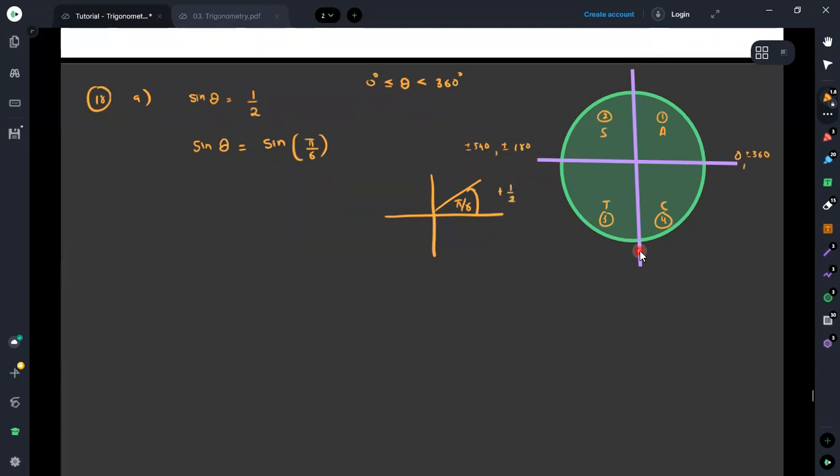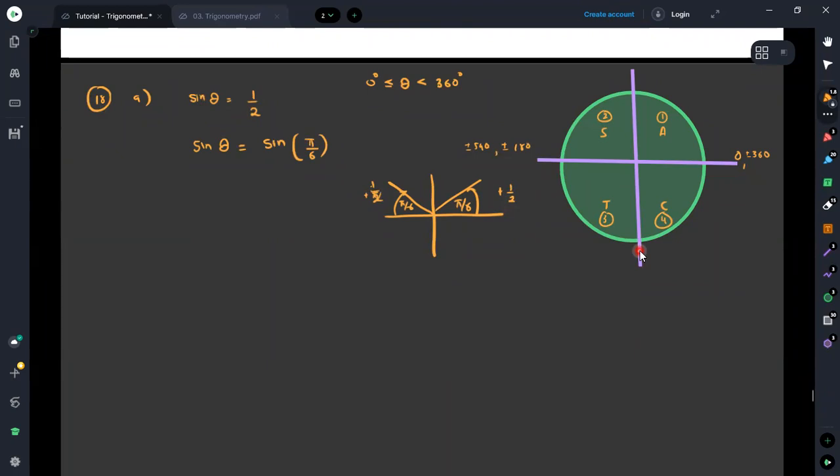And if you measure from this direction, again you are getting this value as plus half. It is because the sine function gives the positive value in the second quadrant. Therefore, we cannot have the negative values. It is now in the positive direction only.